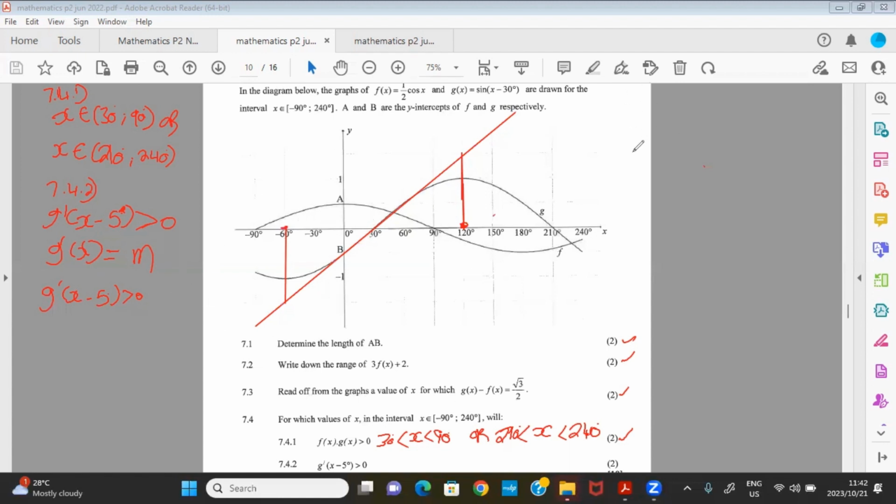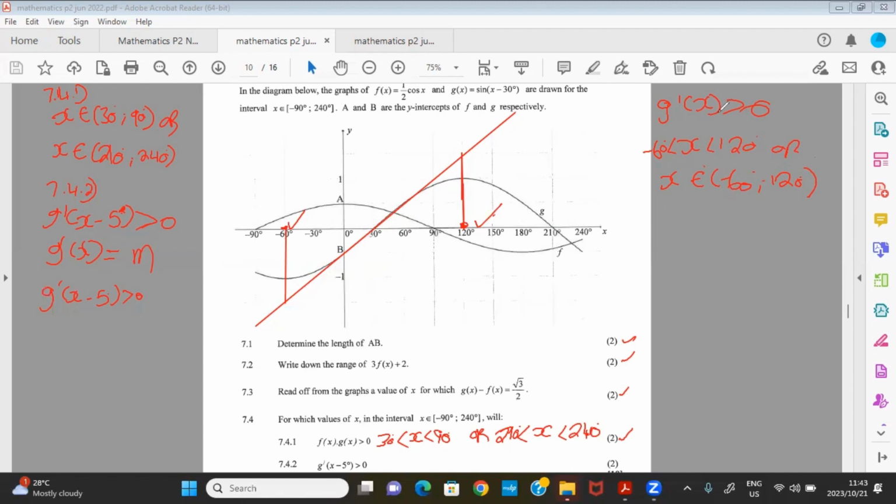I know my gradient of g, my g prime x, is positive where x is from negative 60 to positive 120. So I can say x must be greater than negative 60 degrees and less than 120 degrees, or I can say x is an element of negative 60 degrees to positive 120. Do we agree with that? It's clear.